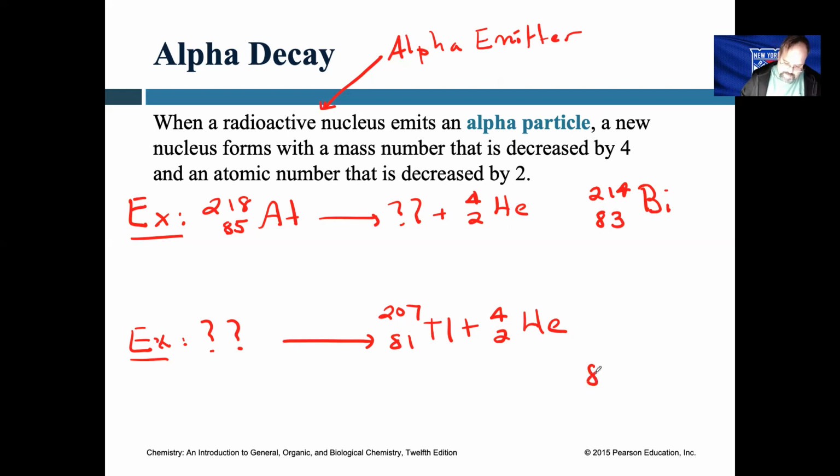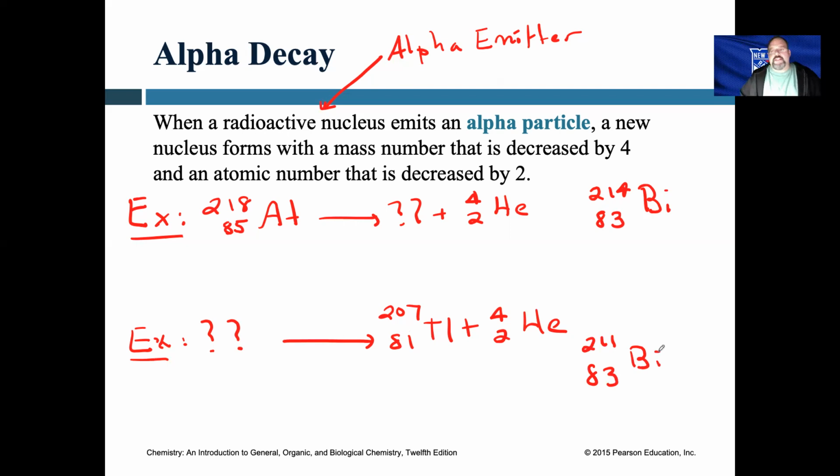So again, I didn't realize when I did this, but okay. Once again, our mystery substance is going to have an atomic number of 83. Mass number, 207 plus 4 is 211. And again, we'll identify the element based on the atomic number. The only element with an atomic number of 83 is, again, bismuth.